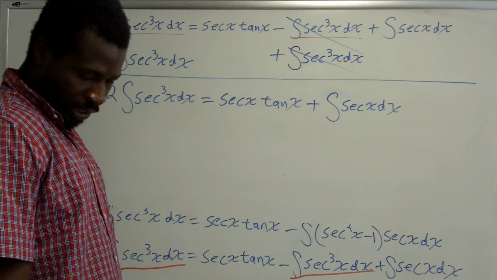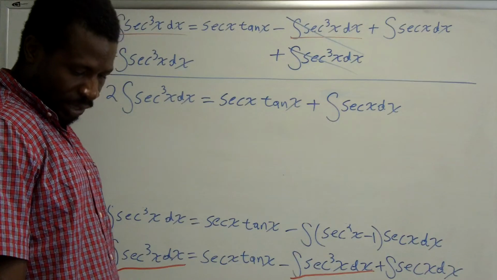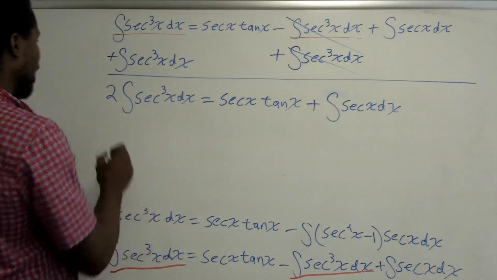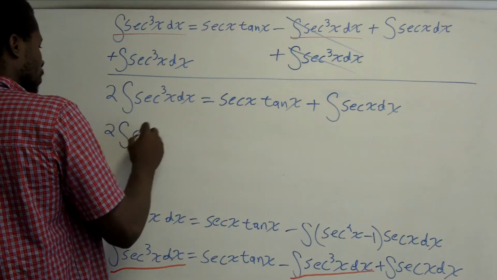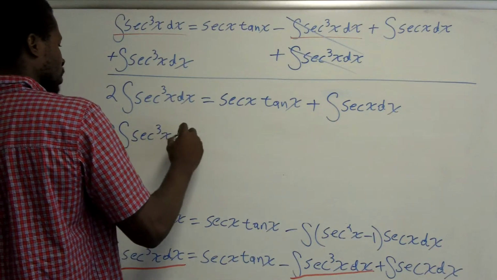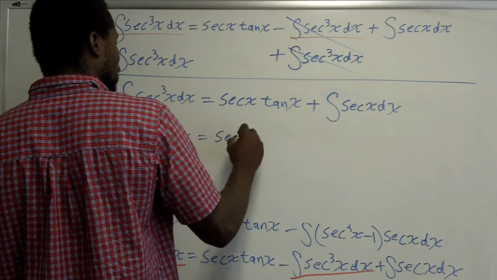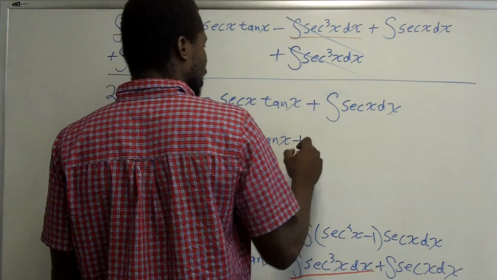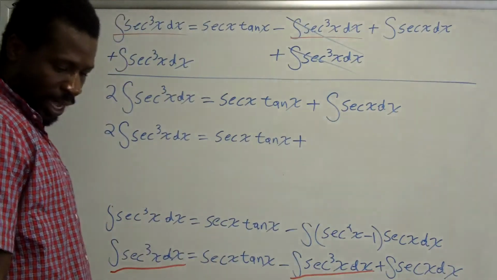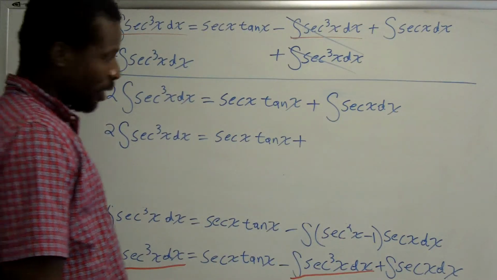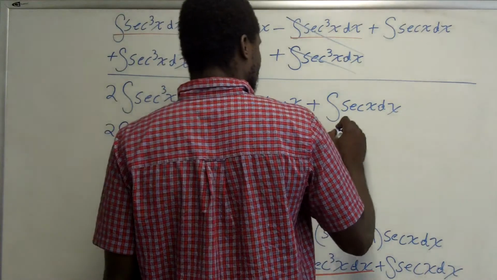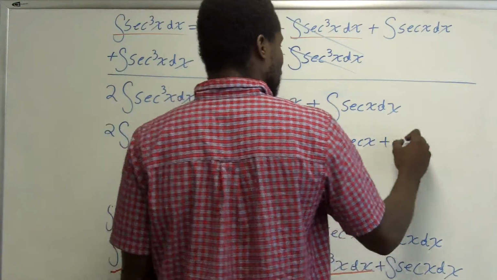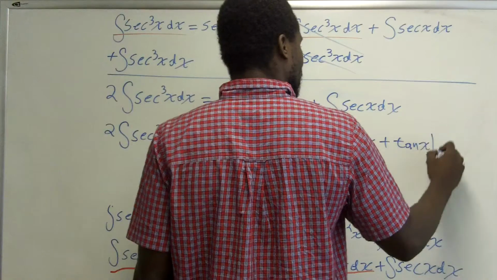The integral of the secant of x dx is the natural log of the secant plus the tangent plus c. So I have 2 times the integral of the secant cubed of x dx is equal to the secant of x times the tangent of x plus the natural log of the absolute value of the secant of x plus the tangent of x plus c.